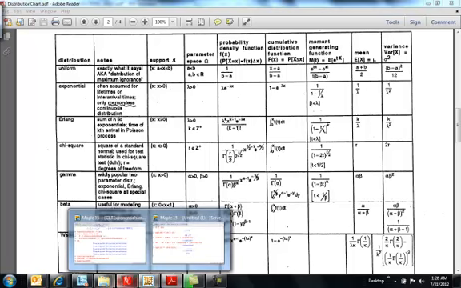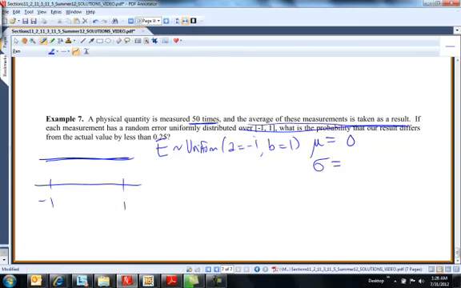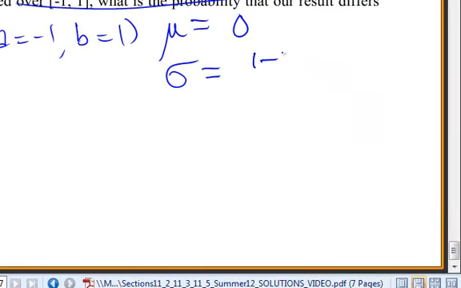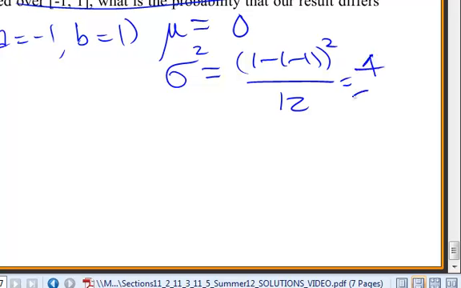Let's go back to this. So b minus a, so 1 minus -1 squared divided by 12. This is the variance. 1 minus -1 is 2, so this is 4 over 12, which is equal to 1/3.